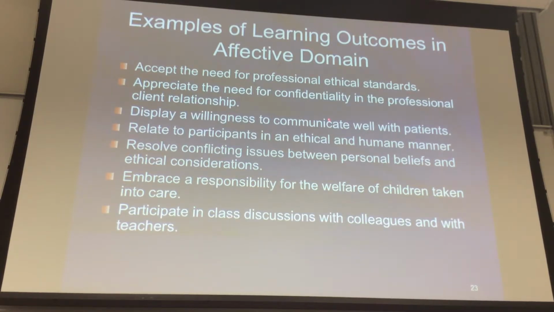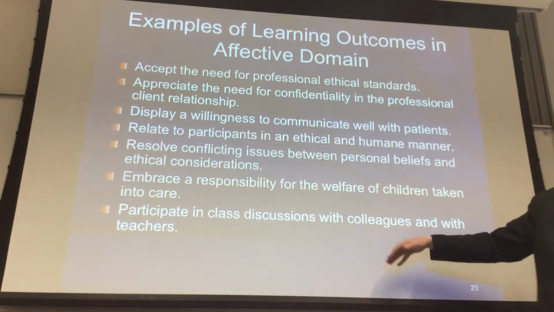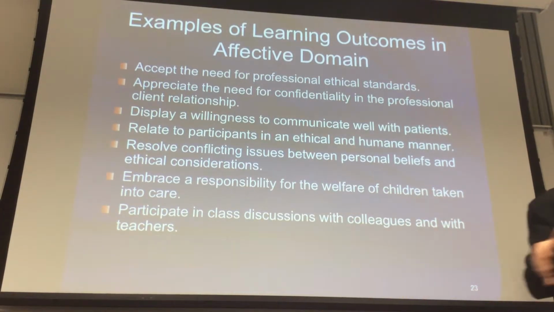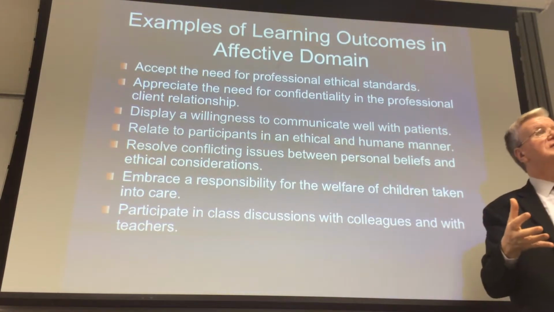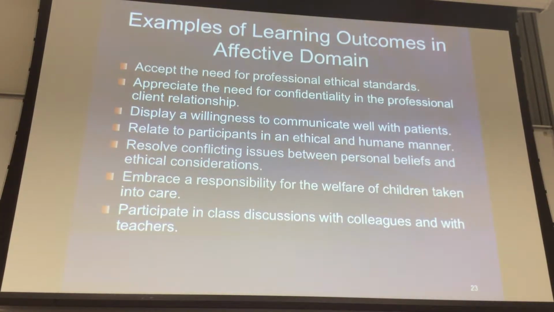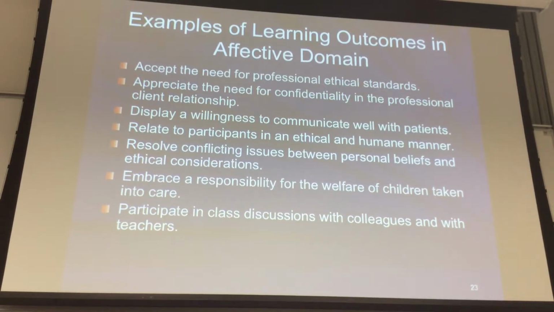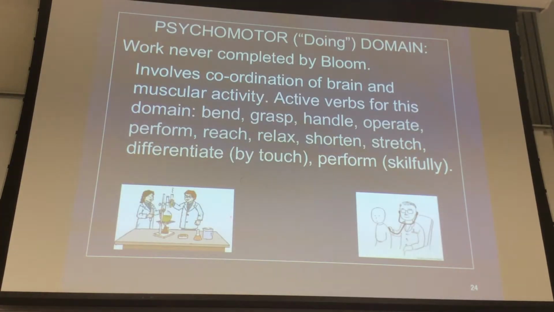They must have ethical standards, communication, ethical again, personal beliefs and ethical considerations, embracing responsibility. You can see these are particularly important in the social sciences. So for example, when we are training our teachers, we have to have high ethical standards so that our trainee teachers will treat the pupils in their classrooms correctly in a professional manner.